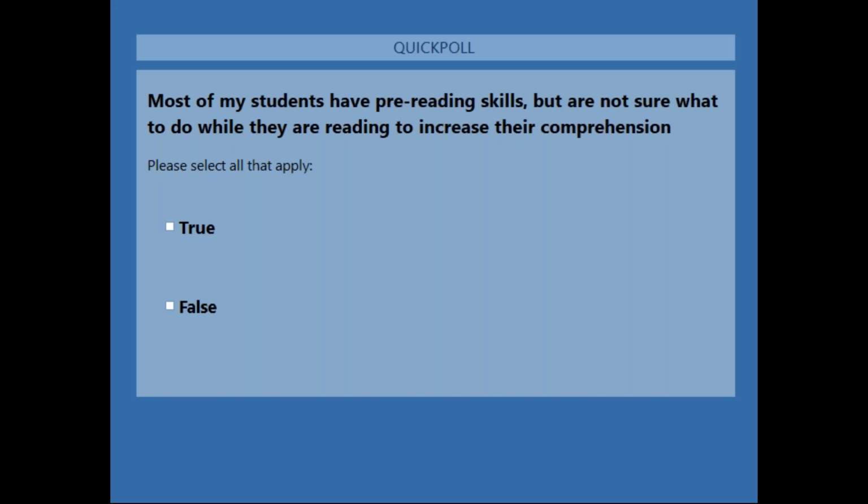Again, true or false: Most of my students have pre-reading skills, but are not sure what to do while they are reading to increase their comprehension.